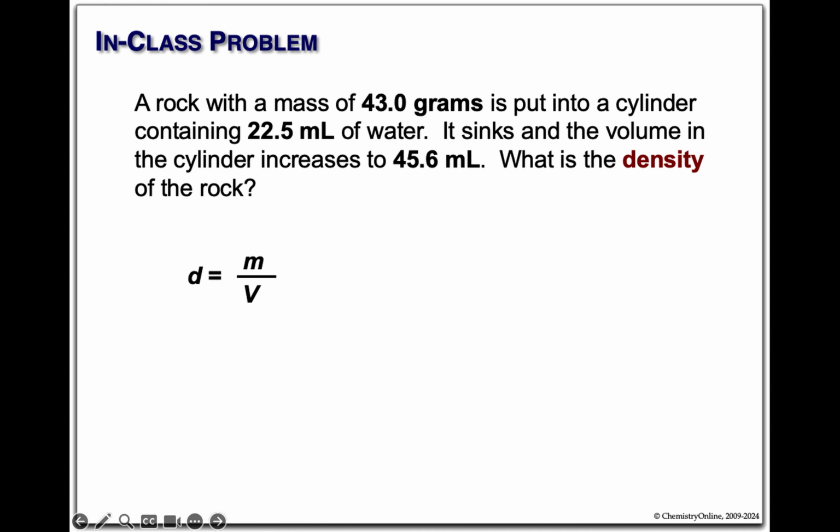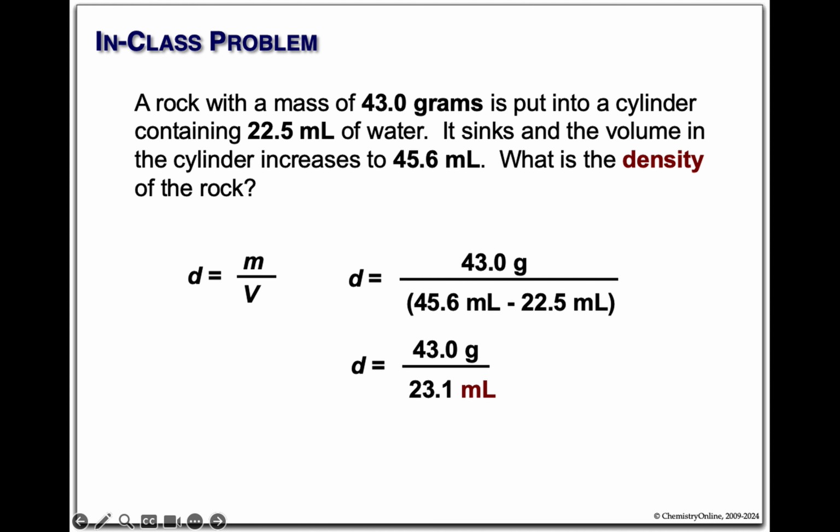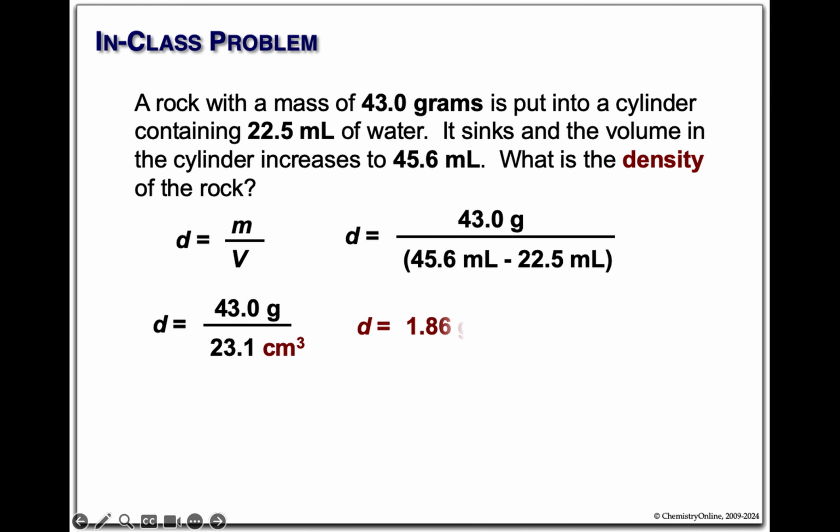Mass divided by volume. We know our mass is 43. We weighed it. Our difference is our volume. Simply subtract. It's a rock, so instead of using milliliters, we could use cubic centimeters just to be more conventional. Do our division. 1.86 grams per cubic centimeter.